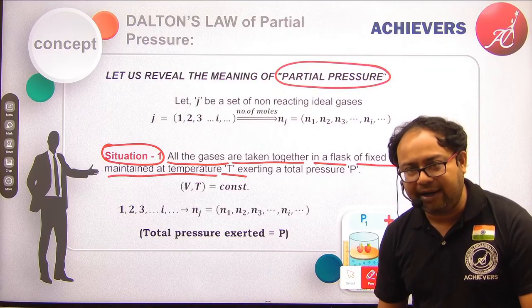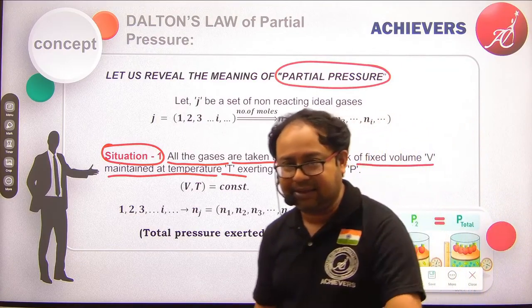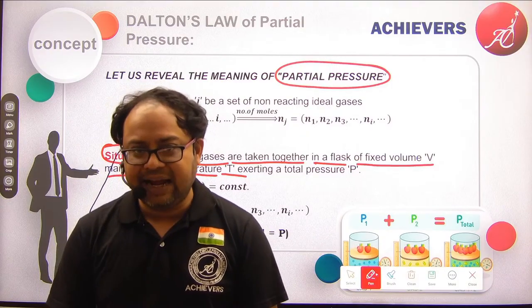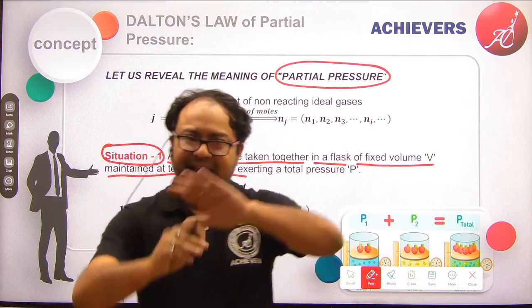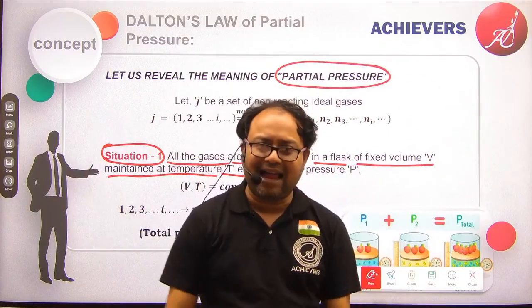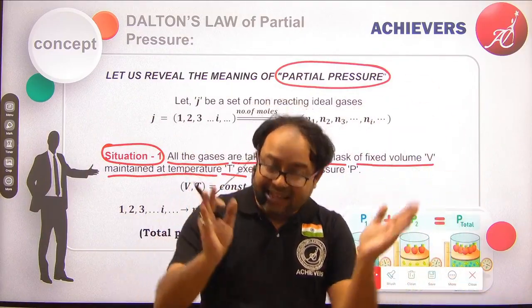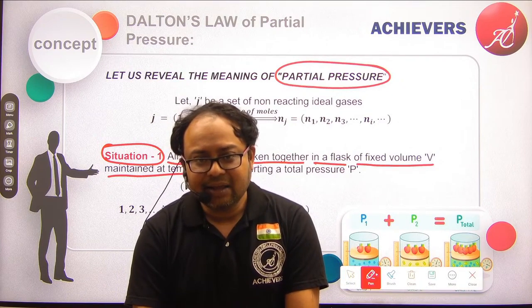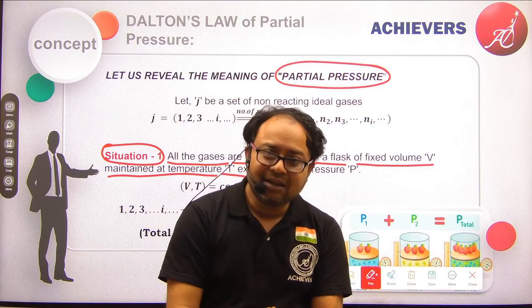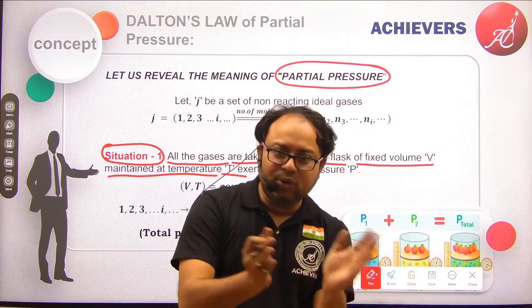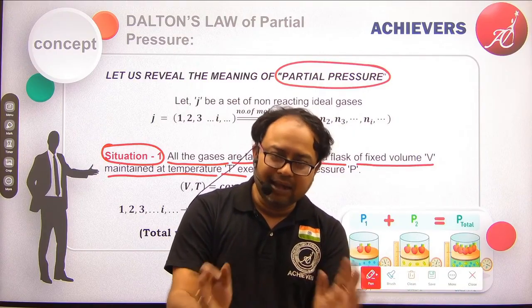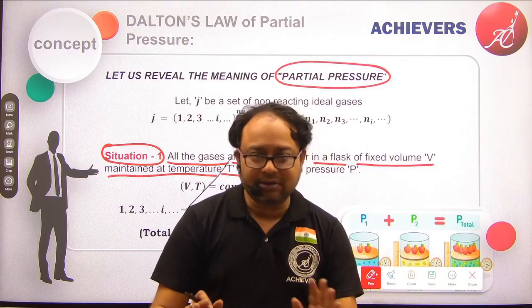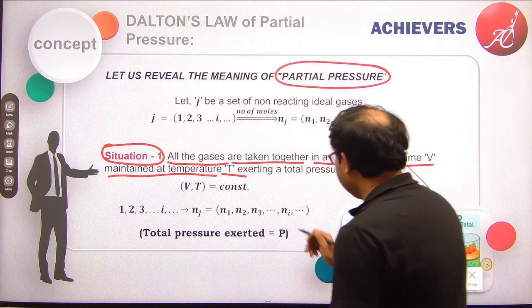You have taken a collection of ideal gases which are essentially non-reacting in a flask, with V constant and constant temperature.